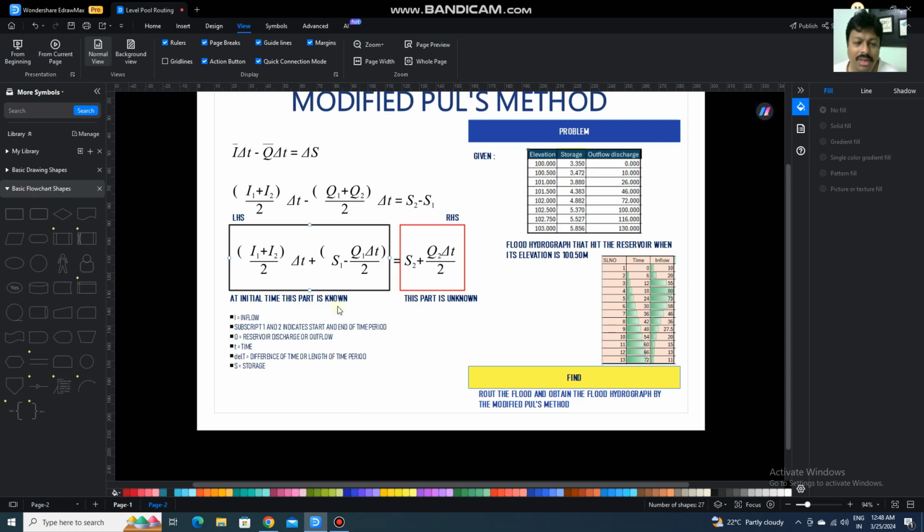So let me give this example. Suppose at 10 am a flood hydrograph hits a reservoir. So 10 am is the starting time, and then after 6 hours, at 4 pm, what is happening?